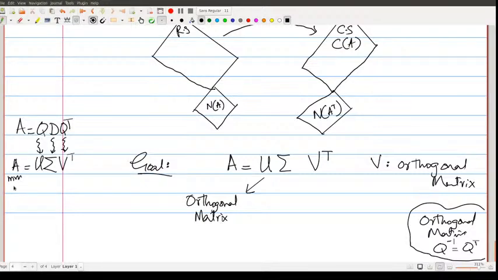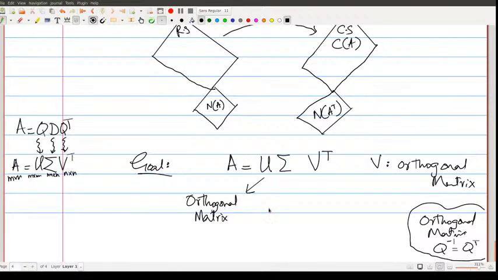The dimensions are: U is M by M, sigma is M by N, and V transpose is N by N. Combined, you get an M by N matrix.